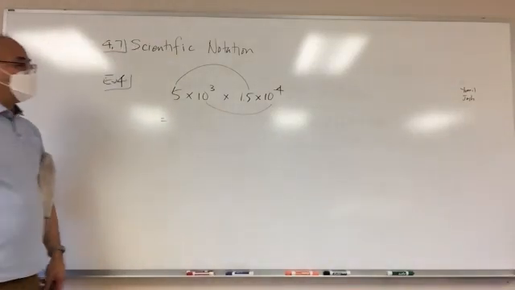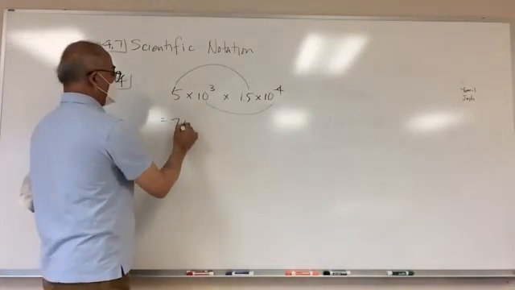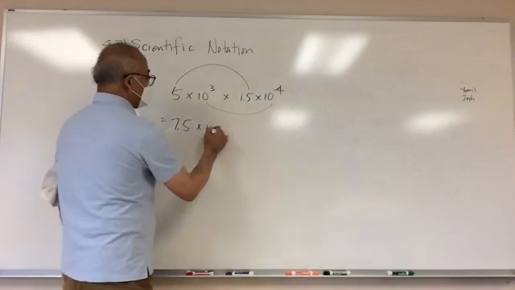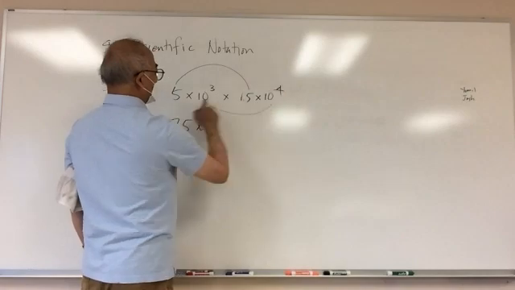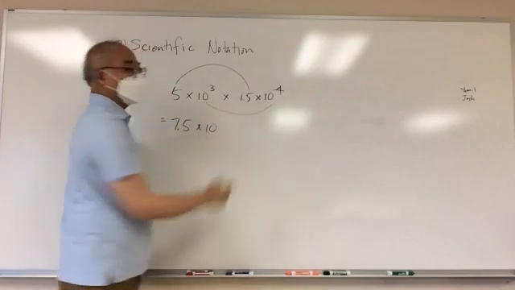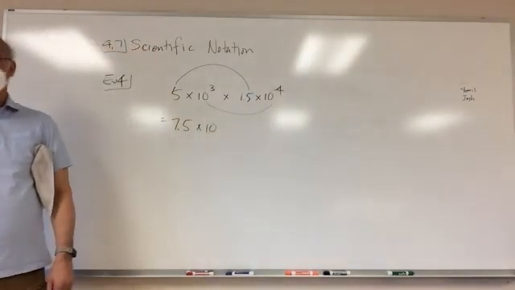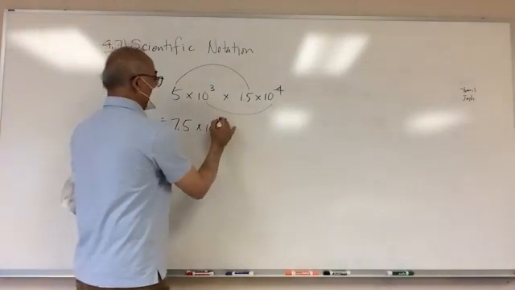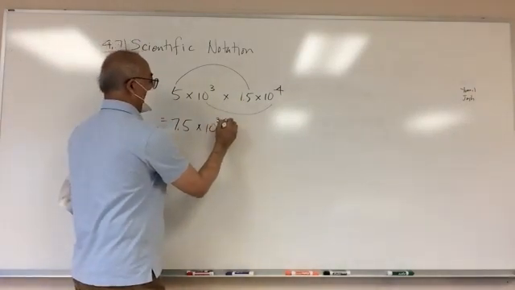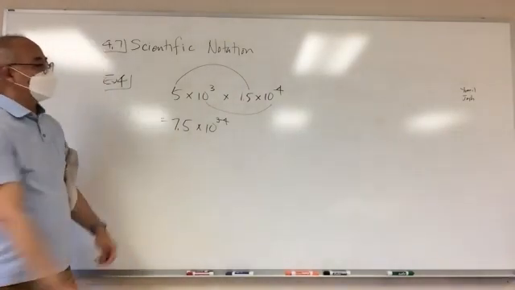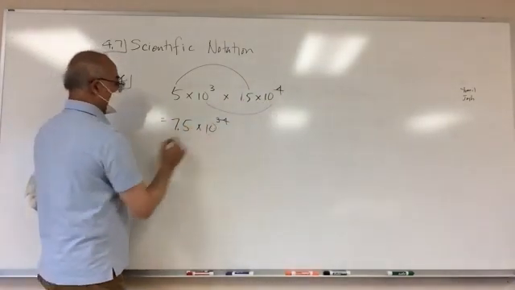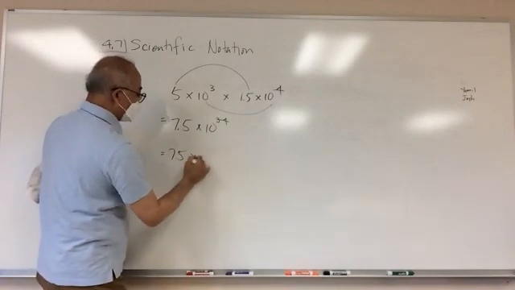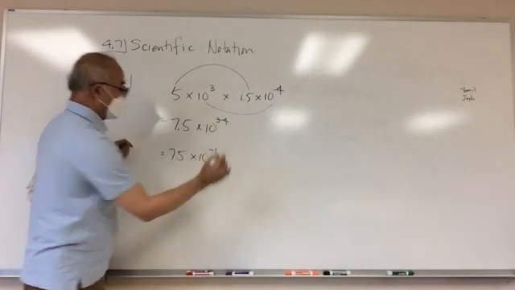5 times 1.5 is 7.5. Times, now I have 10 to the 3rd times that. They're the same base. And remember we talked about the exponents, you can just combine them. So it's going to be 3 minus 4, because I have minus 4 here. So if I do that, it's going to be 7.5 times 10 to the negative 1.